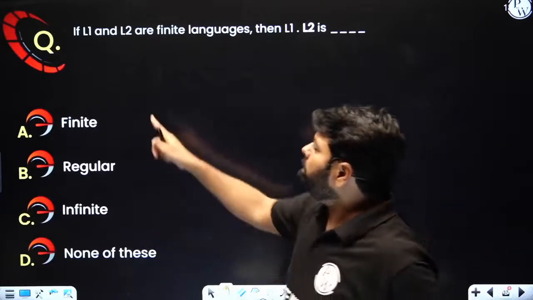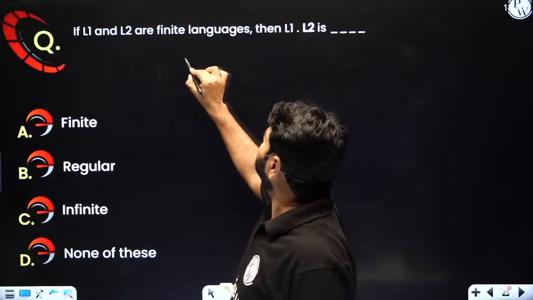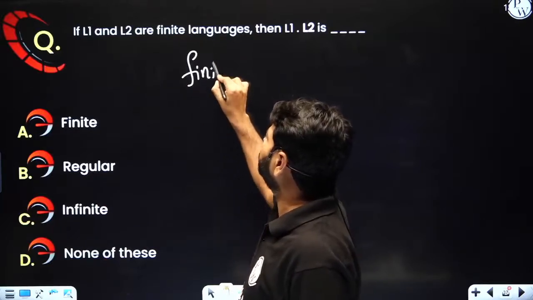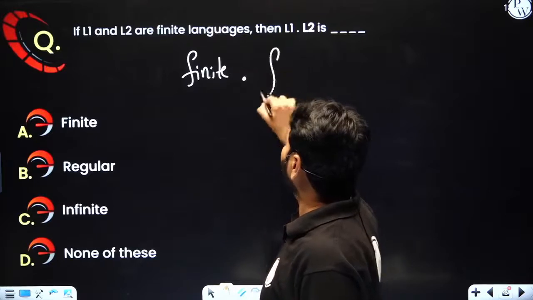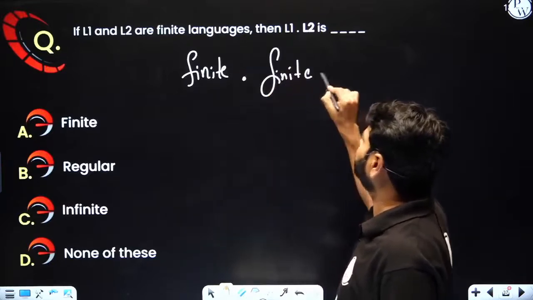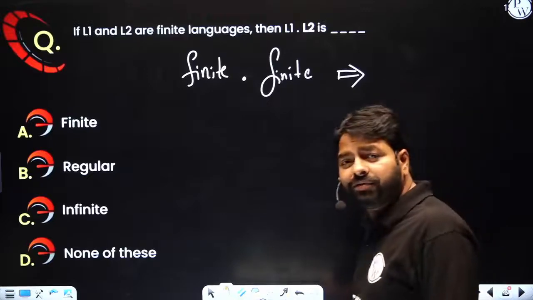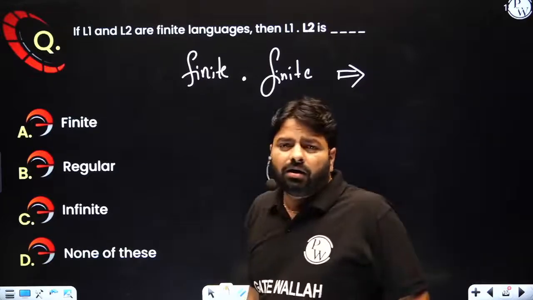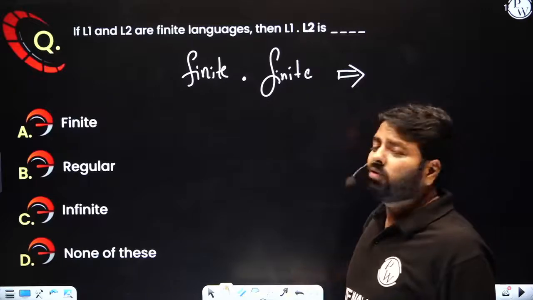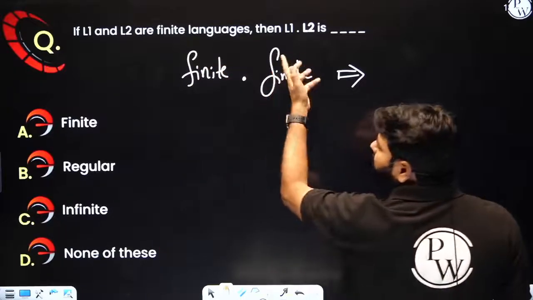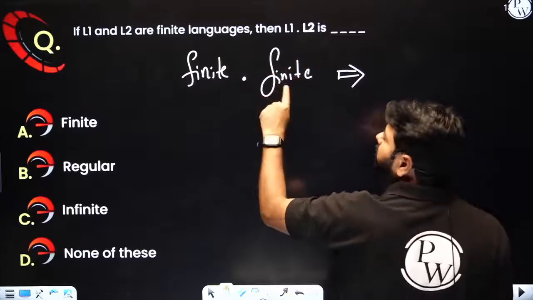Okay, so now, given that the two languages are finite, one finite language with another finite language, finite dot finite, will you always get a finite result? Is there any way to produce infinite? No way, right? When you take a finite number of strings here and also a finite number of strings there, the combinations that you will see are finite only.